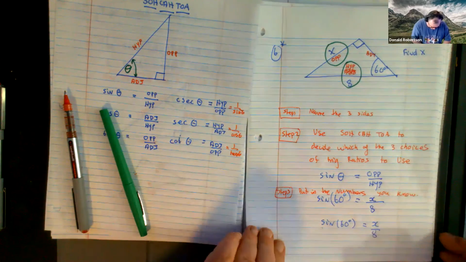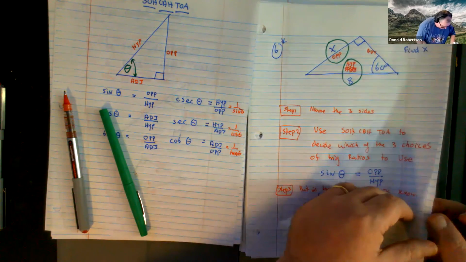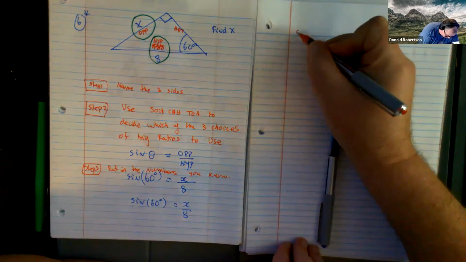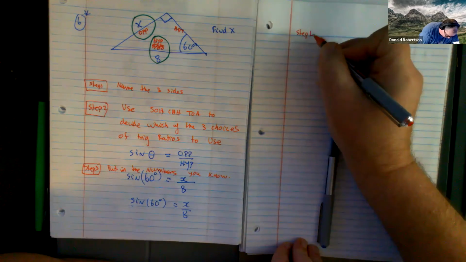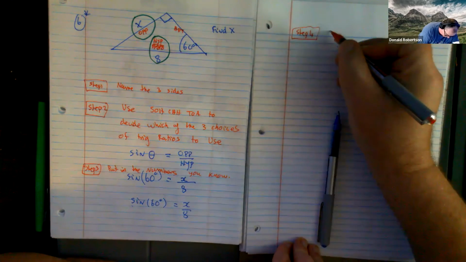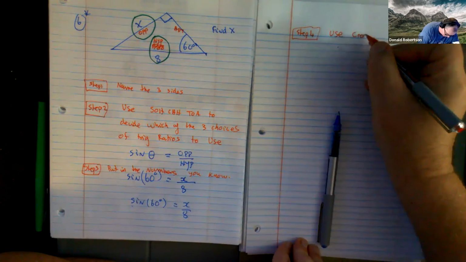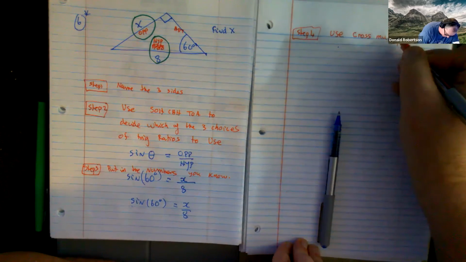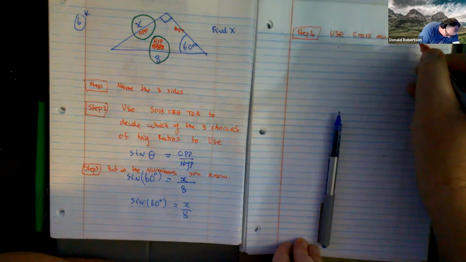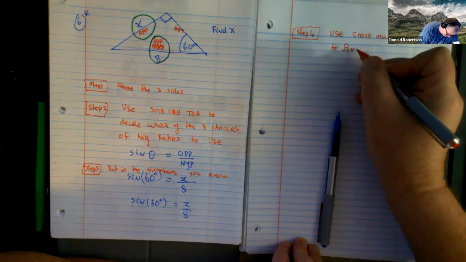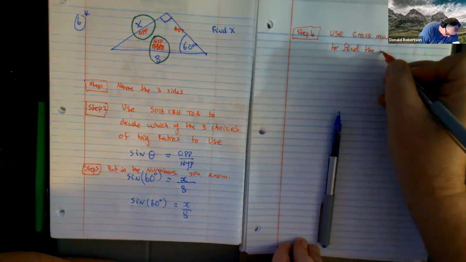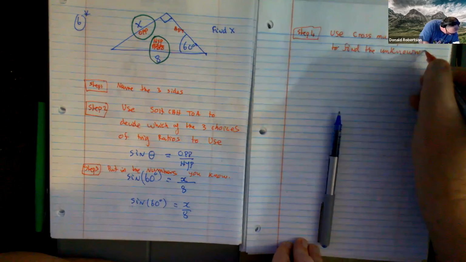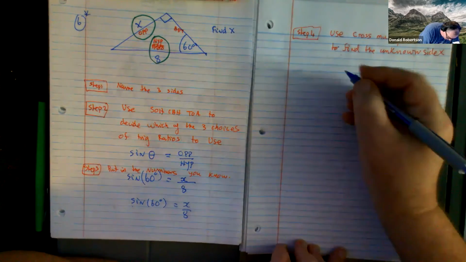So that's where we are right now, aren't we, in step 3? Now, step 4 is coming up. Use cross multiplication to find the unknown side X. So I'm going to rewrite this one more time.